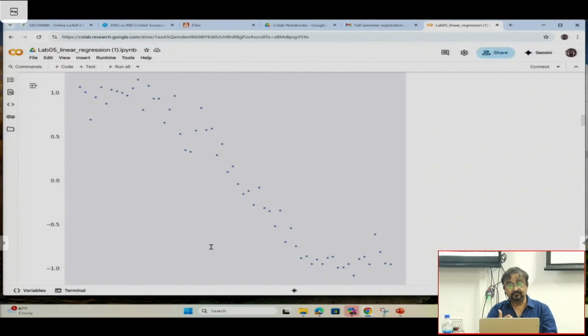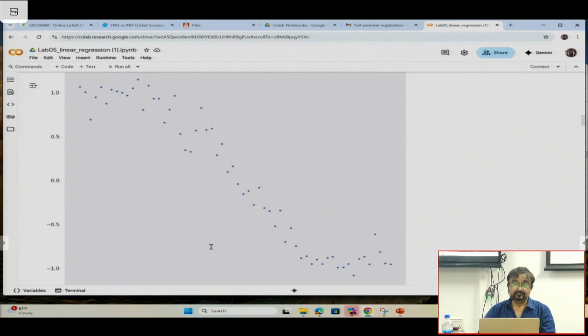So what kind of model do you want to fit here? Do you want to fit a straight line? Do you want to fit a cubic? Do you want to fit a quartic? But this is a linear problem, so you have linear models.